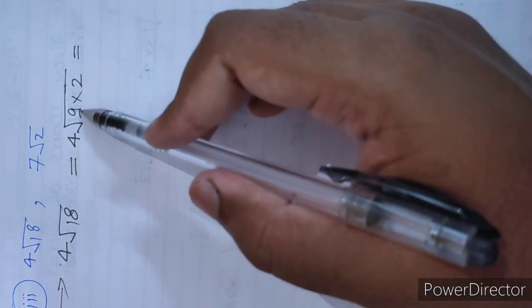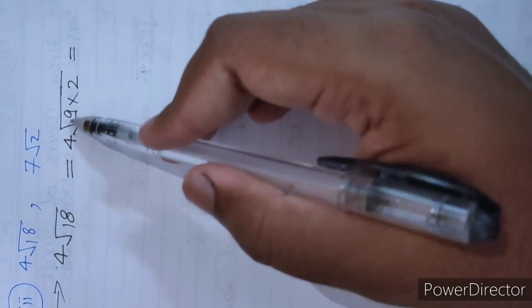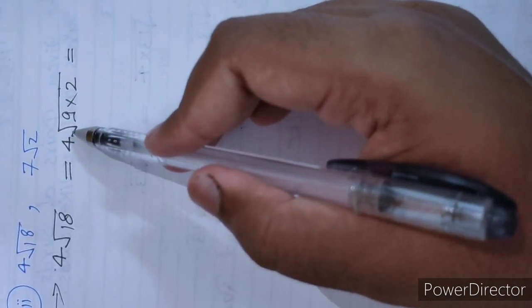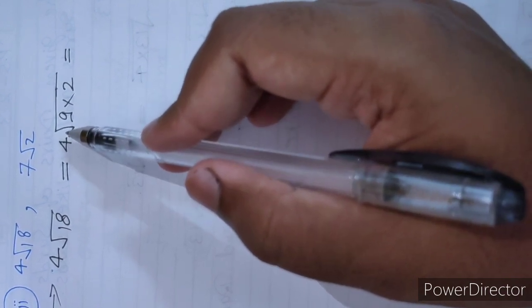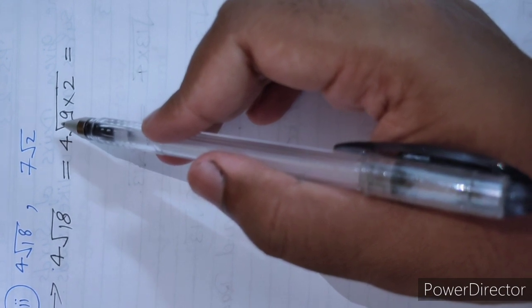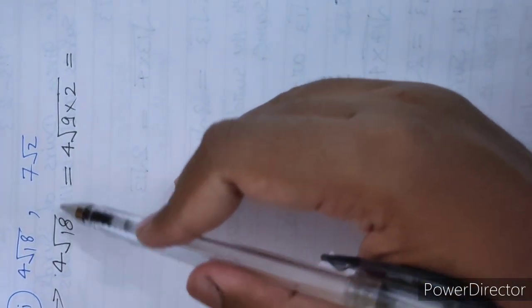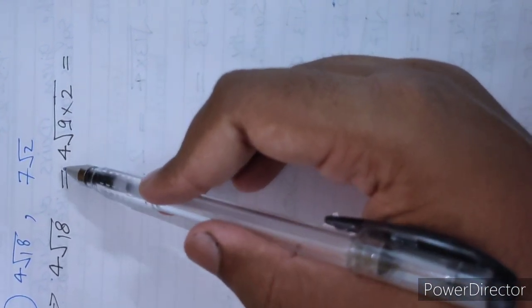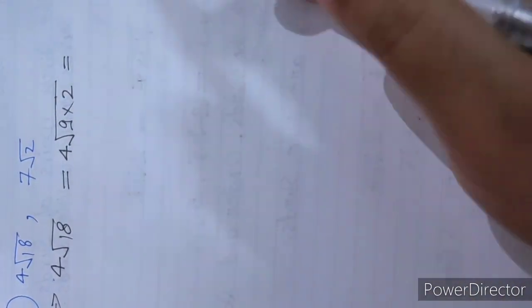So here why we write 9 into 2, multiple of 9, because here we are dealing with root. So we need at least one number whose square root is predefined. So here we write that 18 can be written as multiple of 9. If we wrote 6 into 3, then the square root of 6 as well as square root of 3 is not predefined.